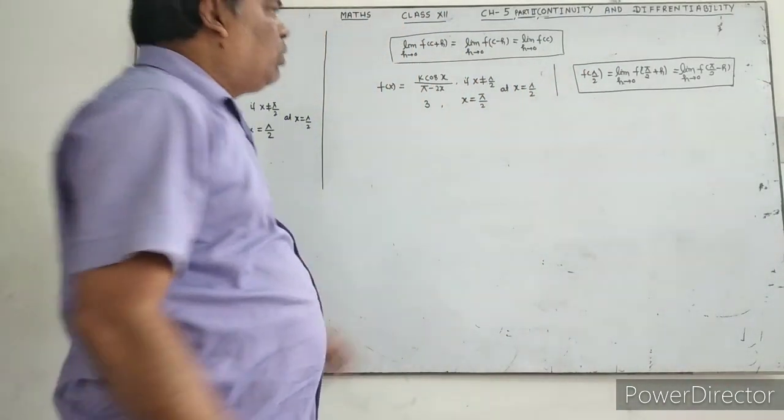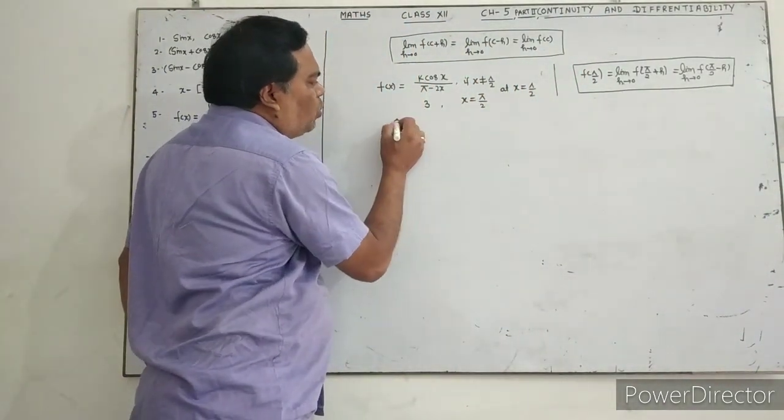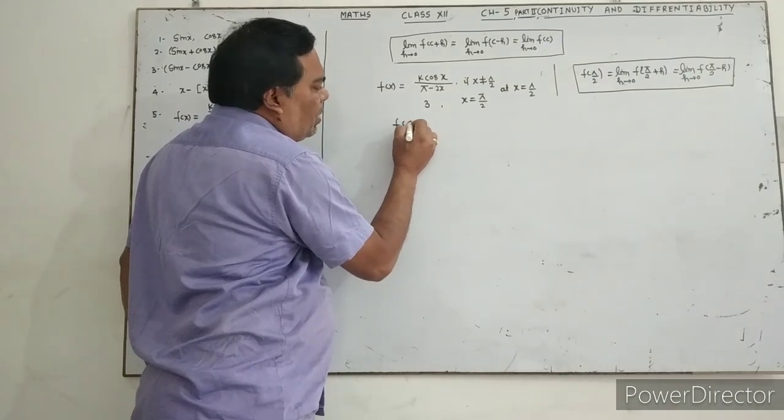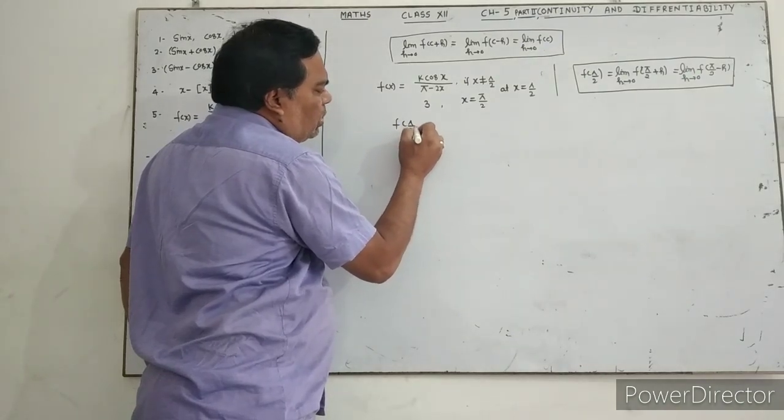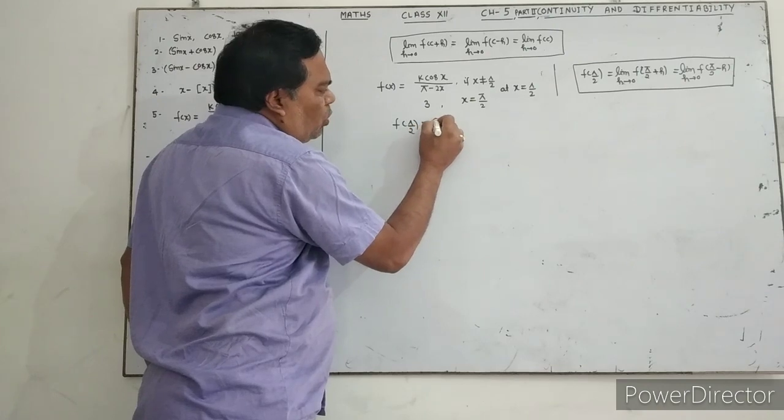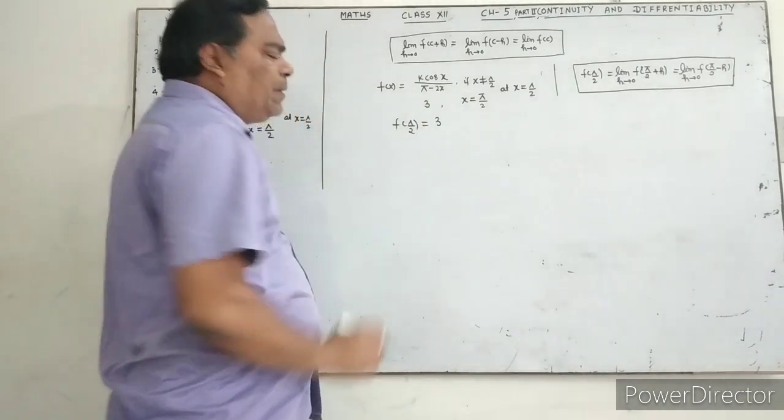Now the value of f(pi/2) is 3. It is given.